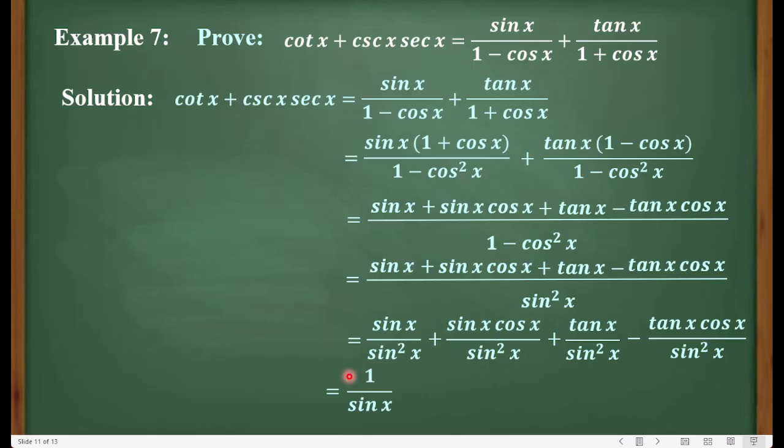It is now equivalent to 1 over sine of x plus, we cancel sine x and sine squared of x. So this term will now be in simplest form, cosine x over sine of x, plus tangent x over sine squared of x.